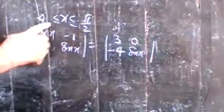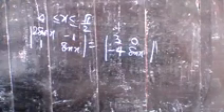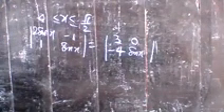These two determinants are equal, and x is between 0 and pi by 2. Find the value of x.